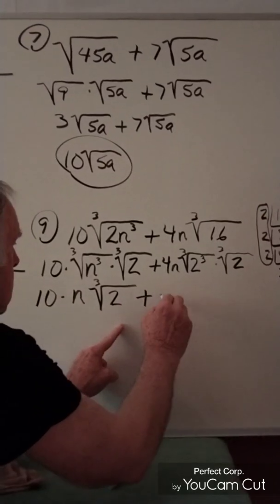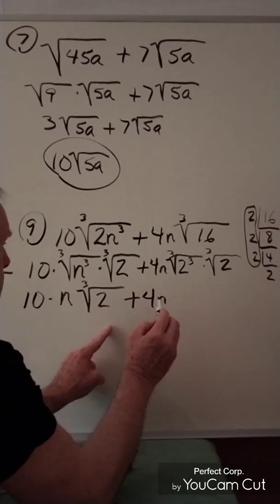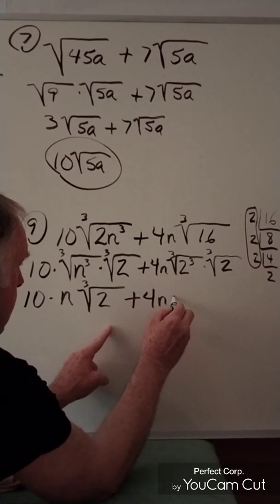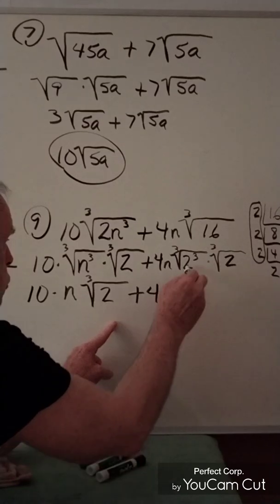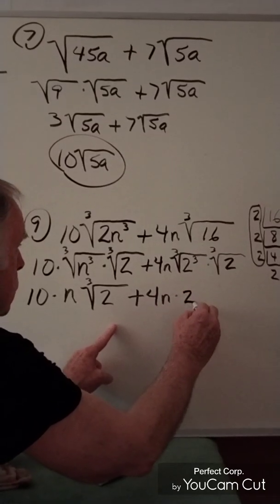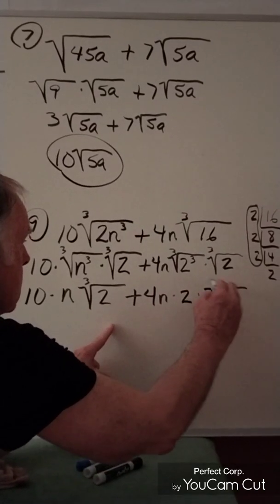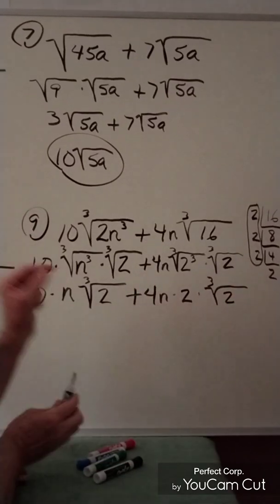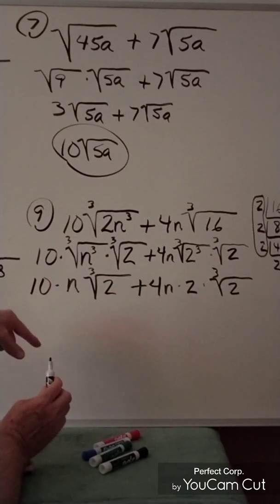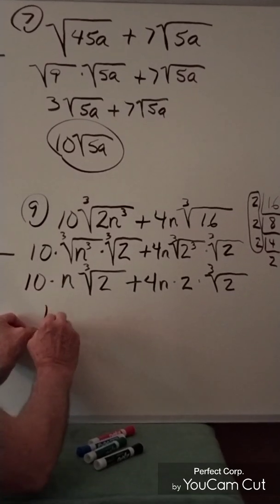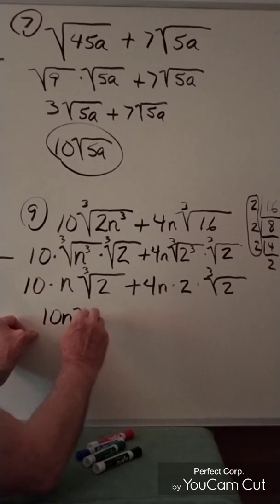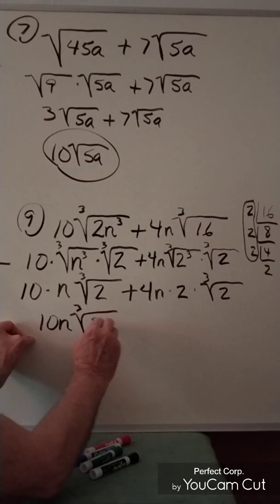Plus 4n times the cubed root of 2 cubed. 2 times 2 times the cubed root of 2. Back. 10 times n. 10n cubed root 2.